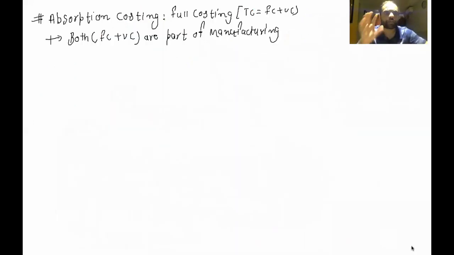So how do we calculate profit under absorption costing? So let's have a look here. So we have sales minus manufacturing cost, right? Sales minus manufacturing cost. Can you tell me what is another name of manufacturing cost? Topic 2. My question is, what is another name of manufacturing cost? Tell me.